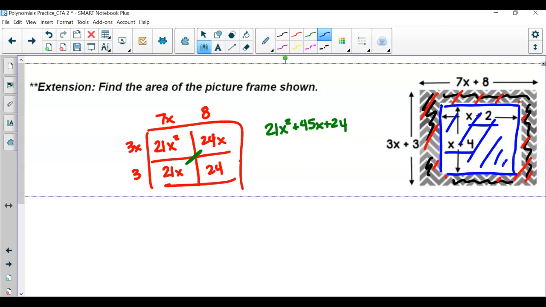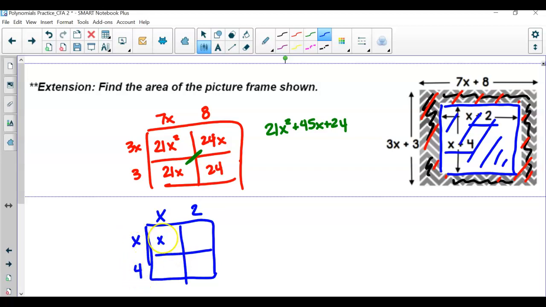Subtract. If we're taking it out, subtract it. So now let's find the area of that inside that we need to take out. So it's x plus 2 times x plus 4. So here I've got x squared, 2x, 4x, and 4 times 2, which is 8. Then when you combine your like terms, you have x squared plus 6x plus 8.